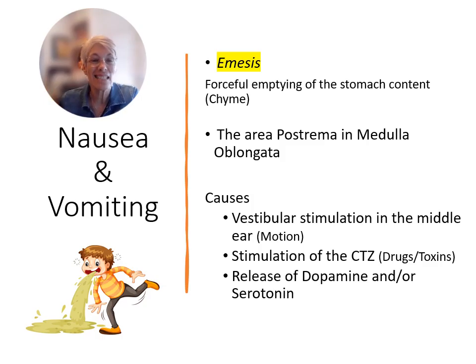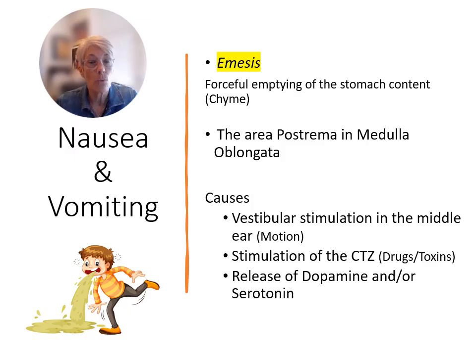The vomit center, as we would call it, is in the area postrema of the medulla oblongata, okay, in the medulla. If that center gets stimulated, we can have nausea and/or vomiting, okay?